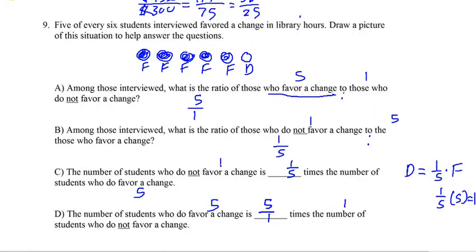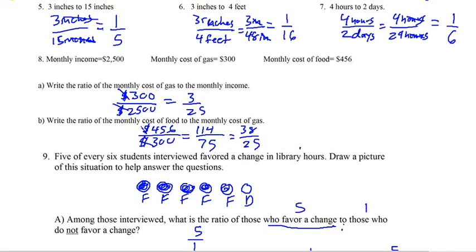So if you go back up here and look at it, it says write the ratio of the monthly cost of food to the monthly cost of gas. So the monthly cost of food is 38/25 times the monthly cost of gas. Or write the ratio of monthly cost of gas to the monthly income. If we put that in a times form, the monthly cost of gas is 3/25 times the monthly income. Watch.